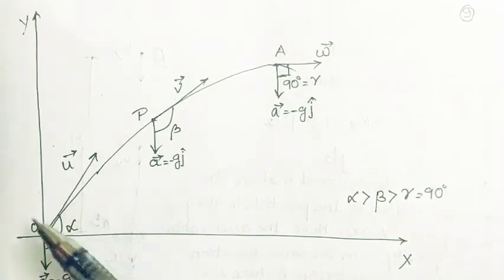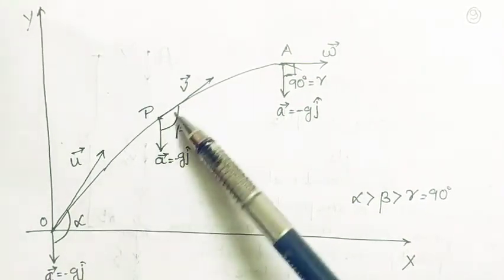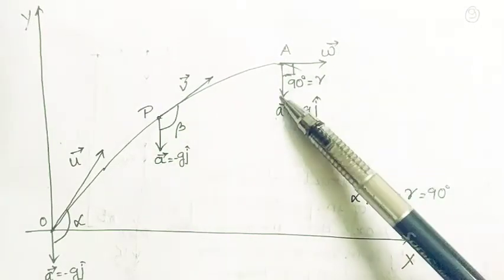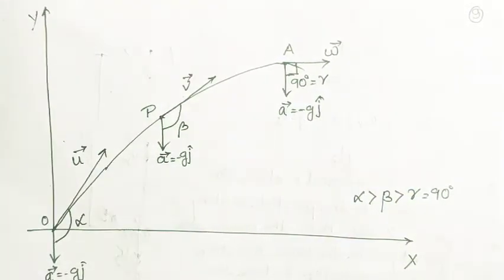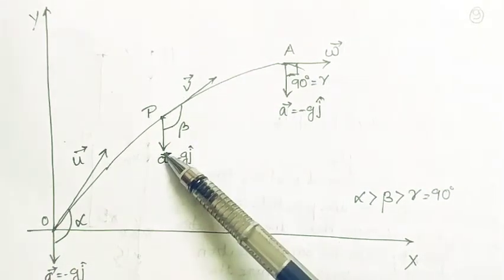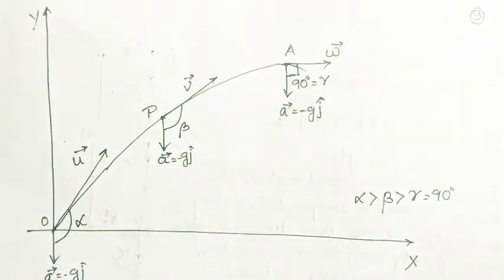Here I am drawing the u vector and the acceleration vector, the v vector and the acceleration vector, the w vector and the acceleration vector, and the angle between the velocity vector and the acceleration vector. Just see this angle: would you say acute, obtuse or right angle?